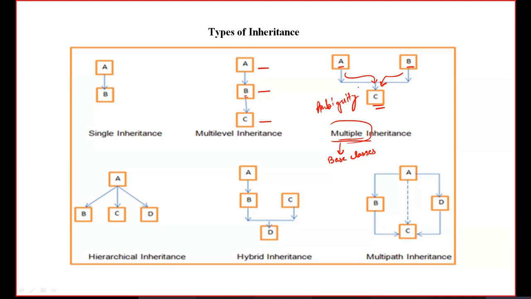Just remember that more than one base class means multiple inheritance. The reverse of it is called hierarchical inheritance. That means one base class and more than one derived classes.